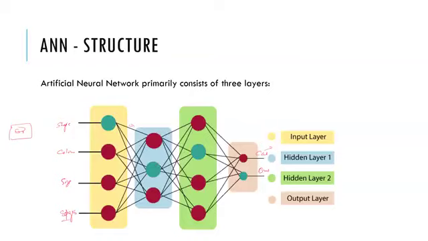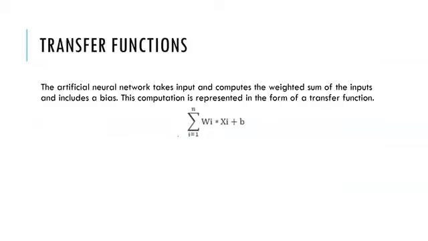But how is this whole processing happening in each of the hidden layers? There are things known as transfer functions and activation functions. Again, the mathematics would be super complex, okay, but at a high level you need to understand how these functions work.